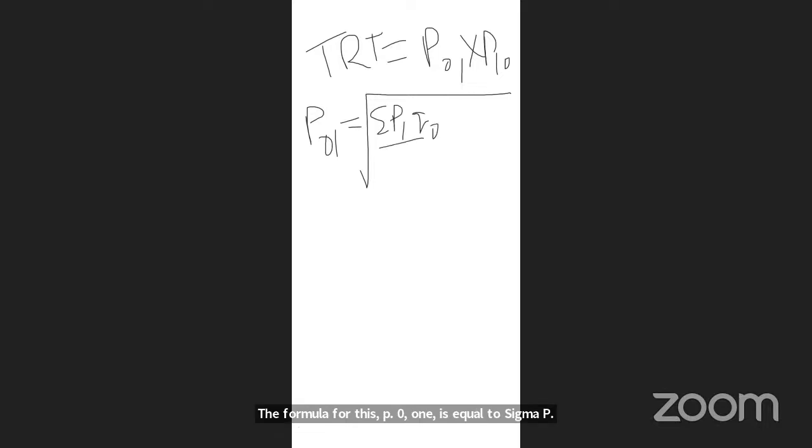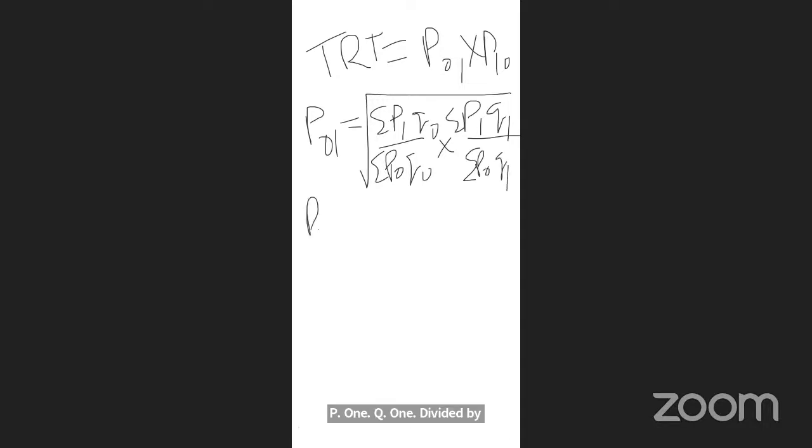P01 is under root, and the formula is P01 equal to sigma P1 Q0 divided by sigma P0 Q0 into sigma P1 Q1 divided by sigma P0 Q1.